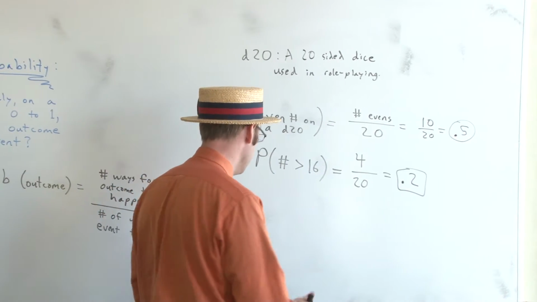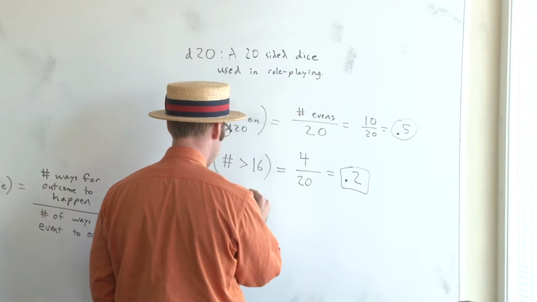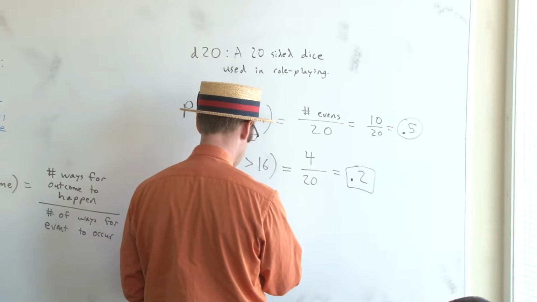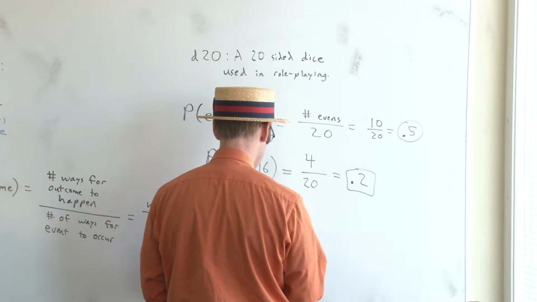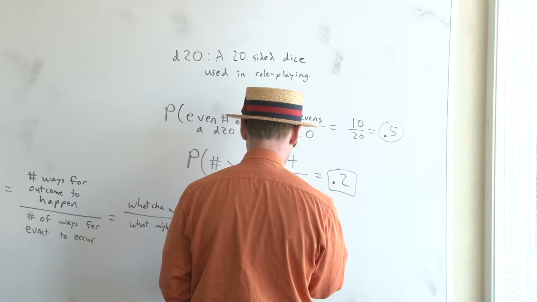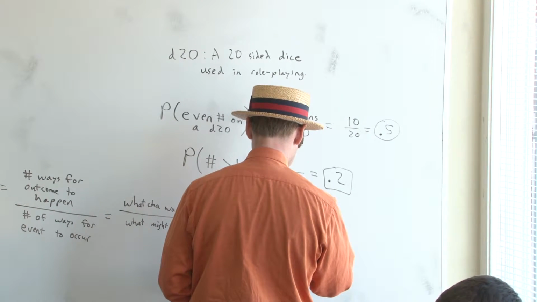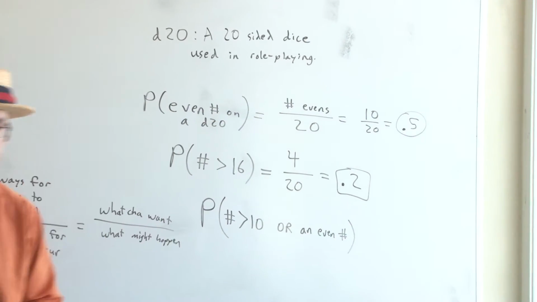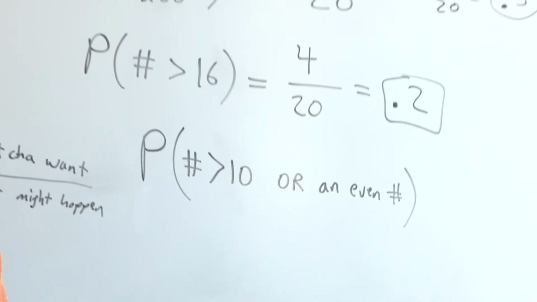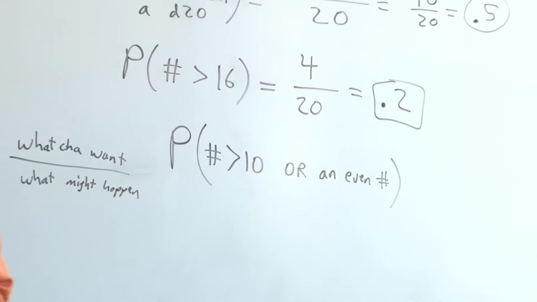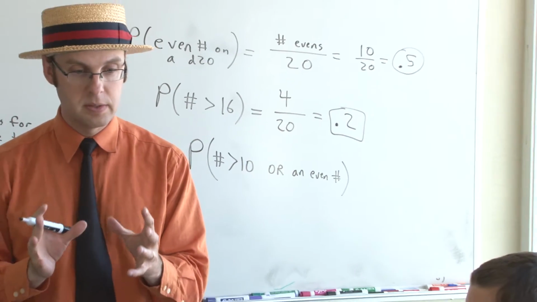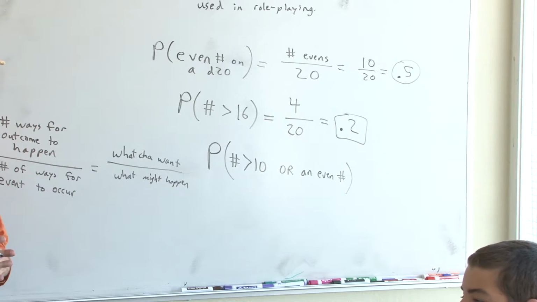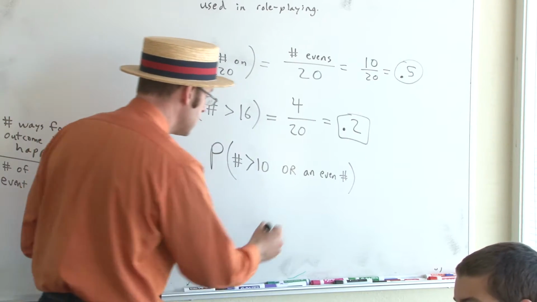So for example, what's the probability of getting a number greater than 10 or an even number? This is a compound probability because I'm looking at two different types of outcomes, and I'm interested in both of them.